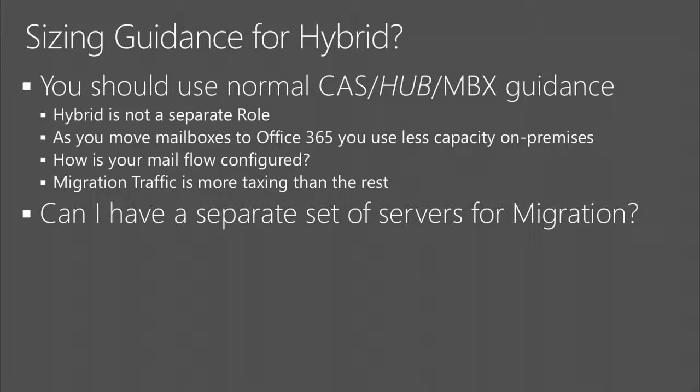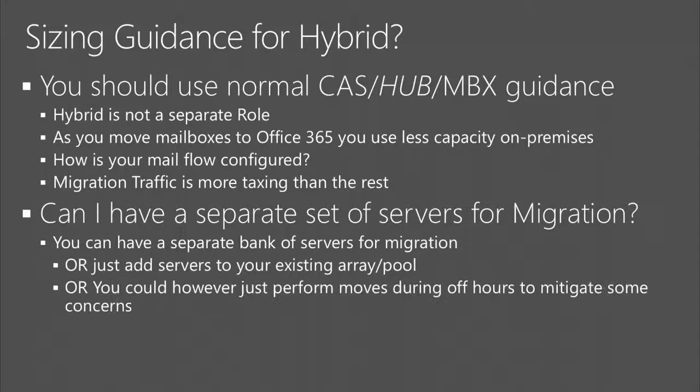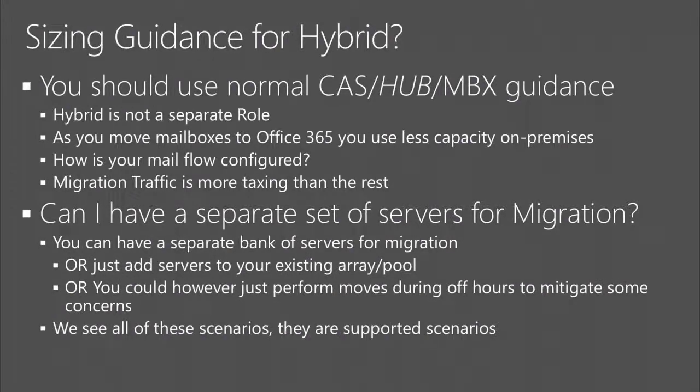It also allows you to separate that load that your servers might not be sized for so that you can have velocity migrations, okay? So that's the one instance where you can have a separate set of servers for a hybrid purpose. It's not for hybrid connectivity or features, it's for hybrid mailbox moves, okay? Yeah, and this goes through those points.